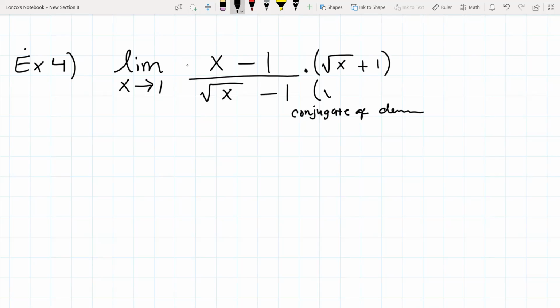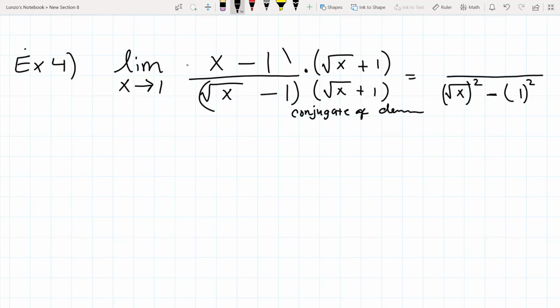Then on the bottom is radical x plus 1. So on the bottom, this is a perfect square, right? So that would be radical x squared minus 1 squared. On the numerator, I'm just going to leave it. I will not FOIL it because I feel like something's going to cancel. So let's just leave it like that.